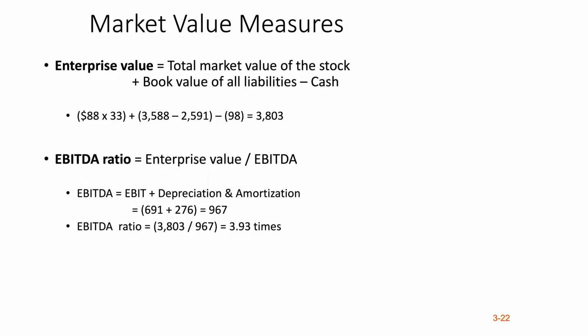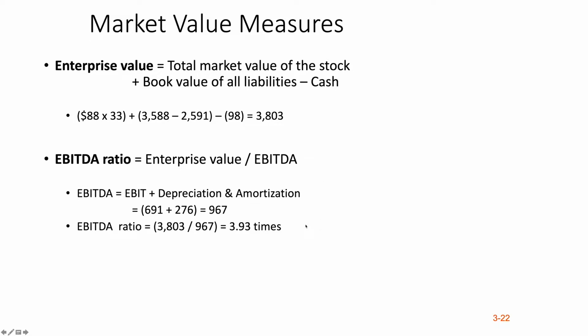There's also a measurement looking at EBITDA. EBITDA is earnings before interest, tax, depreciation, and amortization. Amortization is depreciation for financial debt. So enterprise value, 3803, divided by EBITDA, is 3.93. Now those are different measurements of a company's market condition and its profitability.